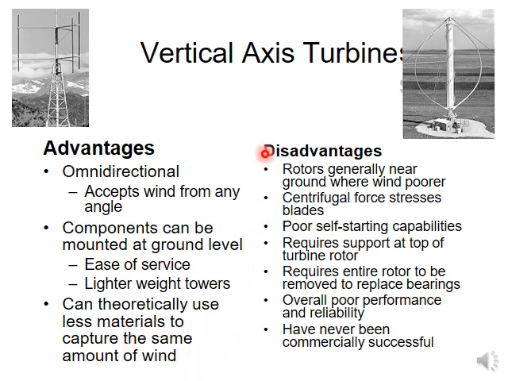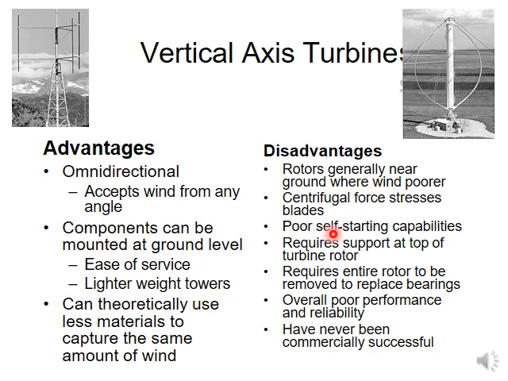Now come to the disadvantages of the vertical axis turbine. The rotor is generally near the ground where the wind is poorer. That means if it is a vertical axis, then the rotor will be near the ground. So we know that near the ground there are several factors which affect the wind velocity, so we will get poor velocity of the wind near ground level.